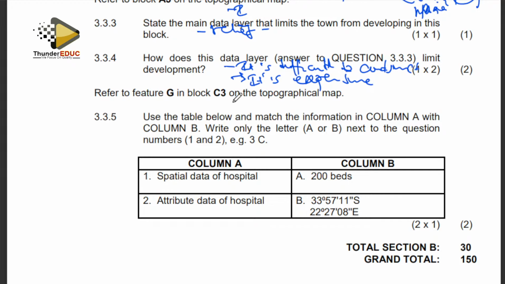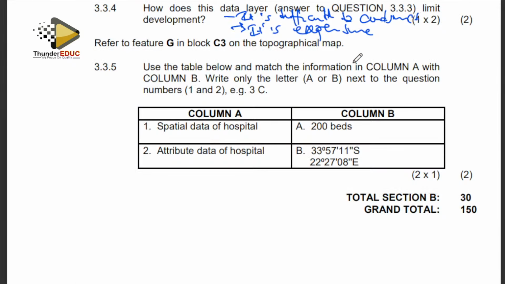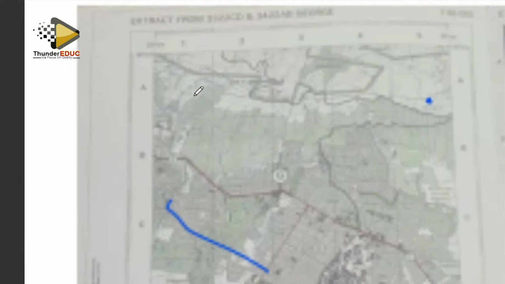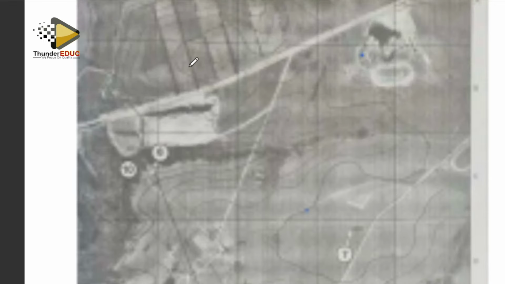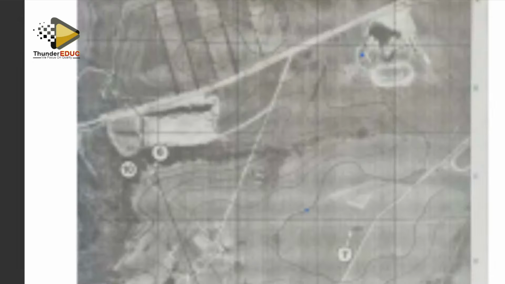Okay. Refer to feature G in block C3 on the orthophoto map. Sorry, on the topographic map. We come here. What are they referring to? They want us to refer to feature G. Refer to feature G in block C3.